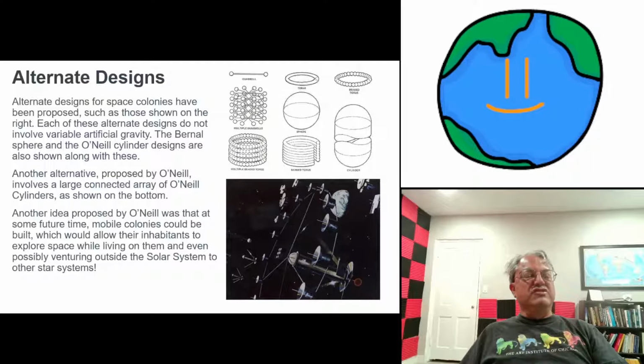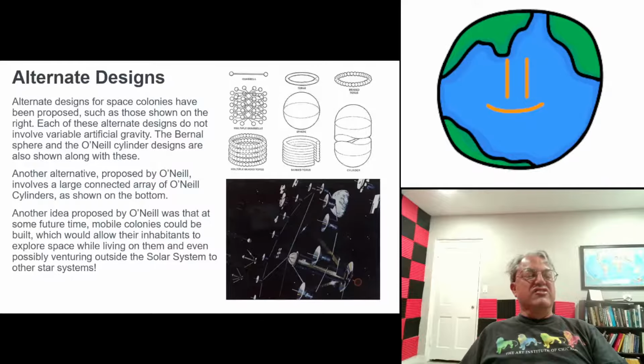As a matter of fact, a number of other astrophysicists or people interested in building space colonies have come up with other types of designs other than the Bernal sphere or the O'Neill cylinder. I like those two the best, but among the alternative designs, there's the dumbbell, and then there's a bunch of toruses. There's a torus, and then there's a beaded torus, and there's multiple beaded tori or multiple dumbbells and multiple tori.